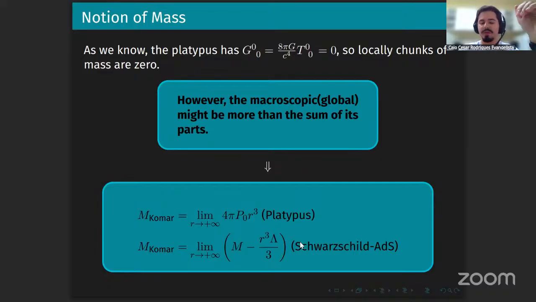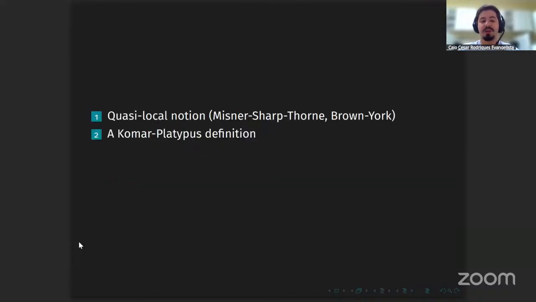However, if you use the Komar anti-de Sitter notion, this expression right here becomes regular. So we can build out of this a Komar platypus definition, and a Schwarzschild platypus solution, for example.